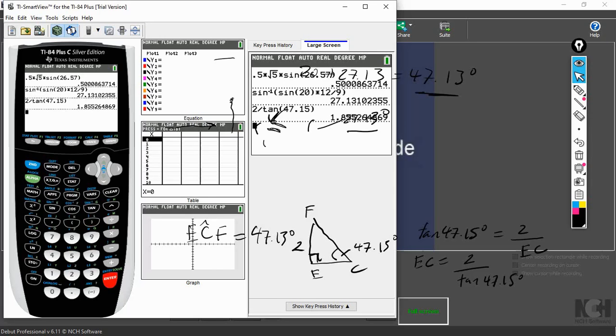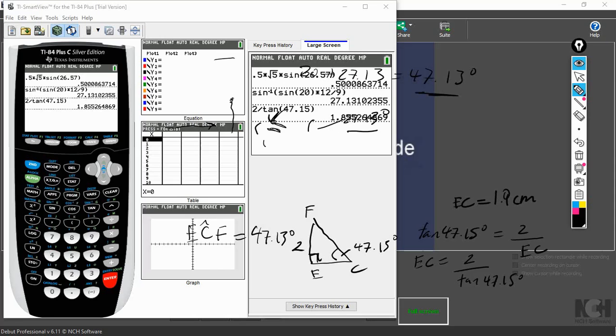Okay, so then that means that length EC is equal to 1.85. So let's round it, 1.9 centimeters.